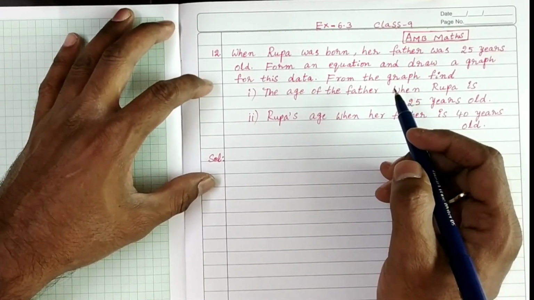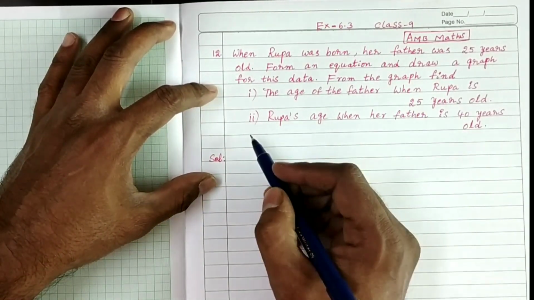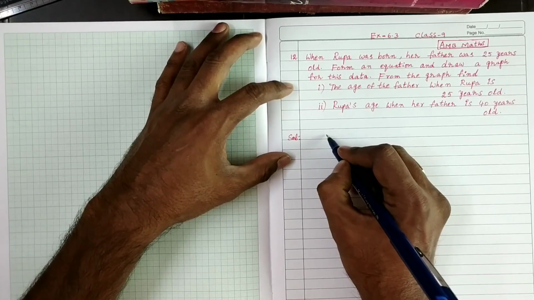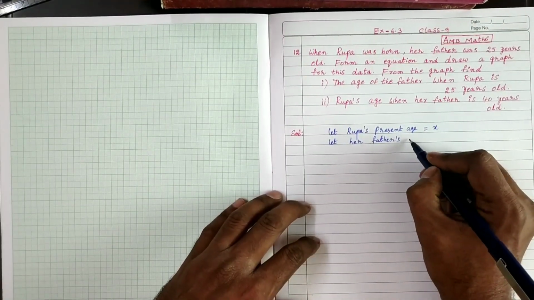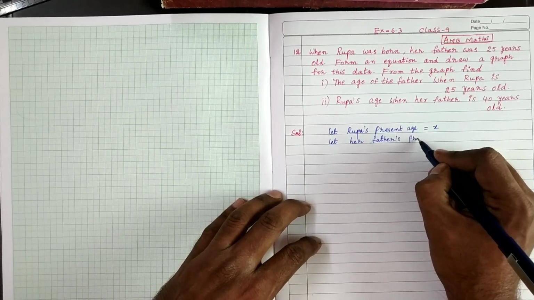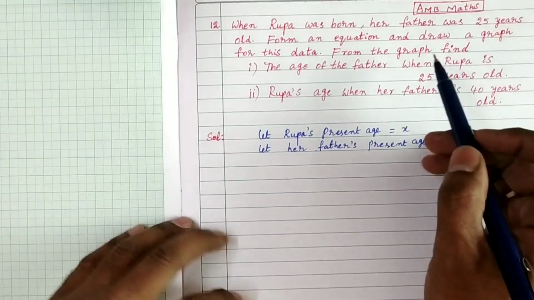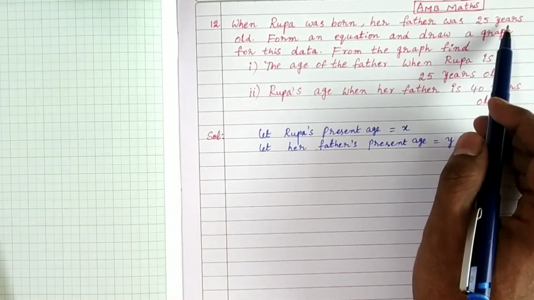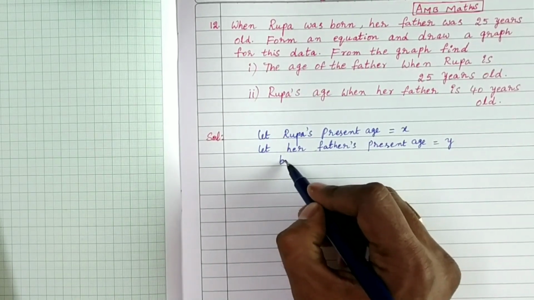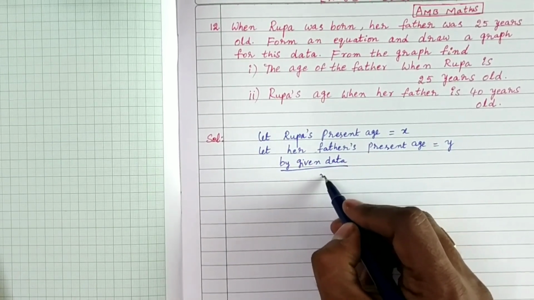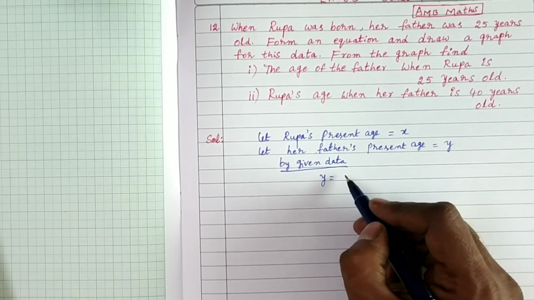Let us take Rupa's age as X. Let her father's present age be Y. So by given data, Rupa's father's age is 25 years older than her.